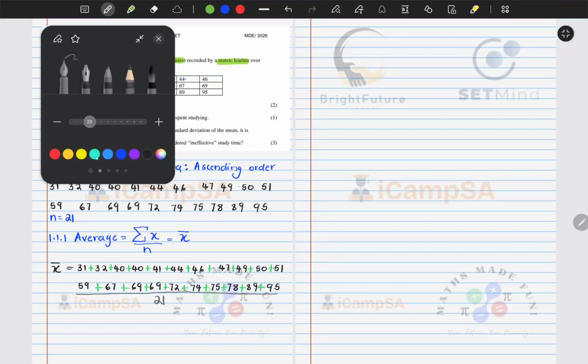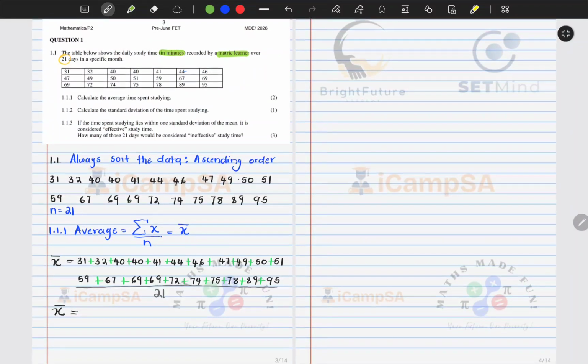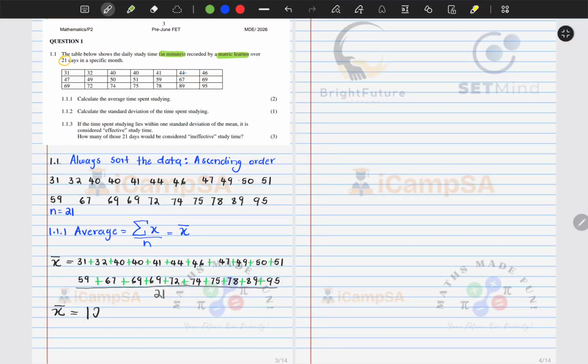If you go ahead and use your calculator, you'll see that the numerator, when you do the summing, is 1219, and we divide by 21, of which we end up getting 58.05. Remember, this is going to be minutes.